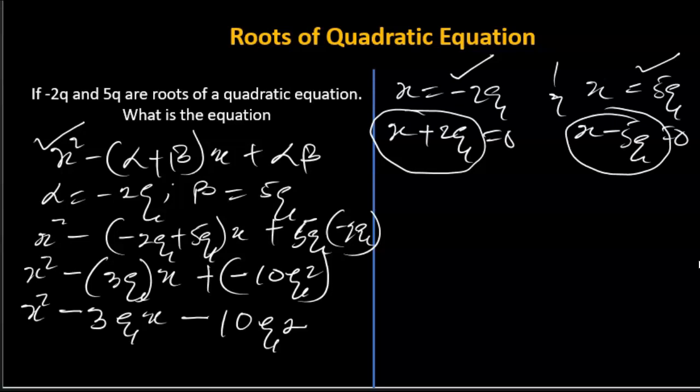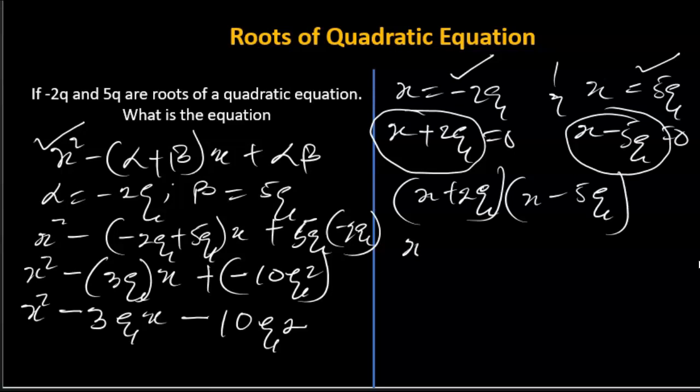We can multiply both factors, x plus 2q into x minus 5q. So that I have x times x, that's x squared, x times minus 5q, that's minus 5qx. Now I've done x times x, we've gone through x times minus 5q.